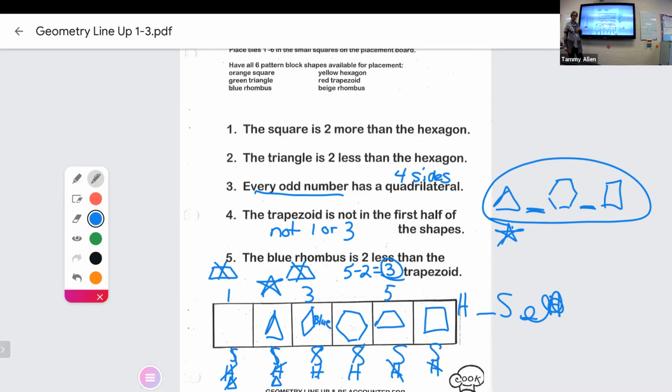Yes? Okay. So do you see what I'm putting down here? Clues? What should you put? Your clues. This is the last one, which has to be what? The beige. The beige one. Okay?